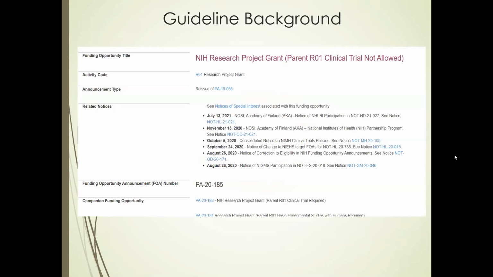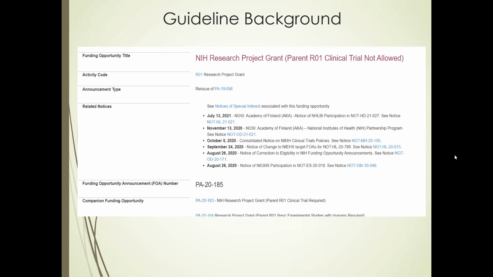So I wanted to show you, this is a parent R01, which is a general announcement that comes out that you can submit for. And I wanted to show these related notices. These are notices that NIH has put out that have impact on this particular solicitation.